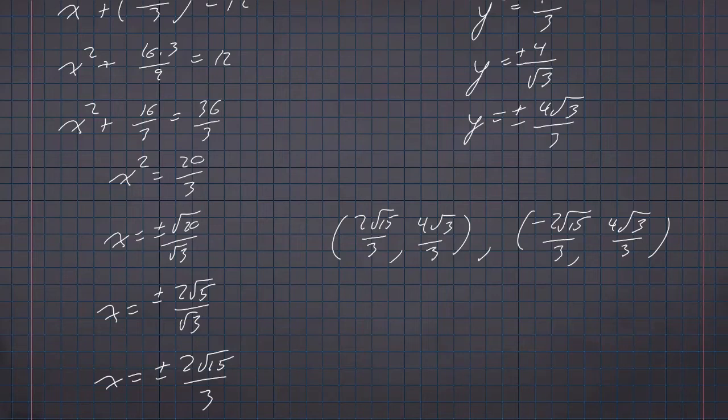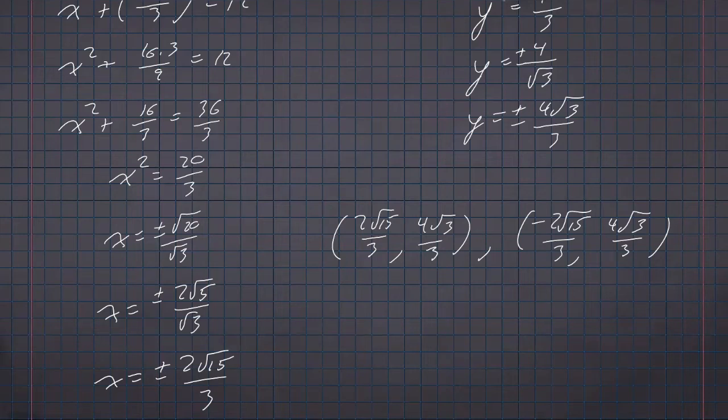I'm running out of screen real estate, so I'm not going to go through and plug in the negative value of y, but take that negative branch, negative 4 root 3 over 3, plug it back into the same equation. After the first step, the algebra looks identical, and you get the same x solutions.